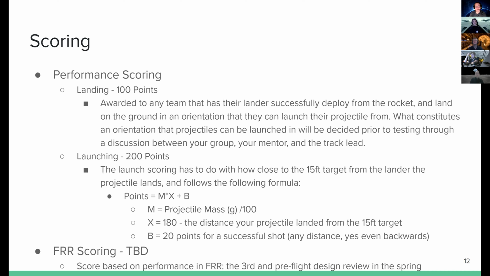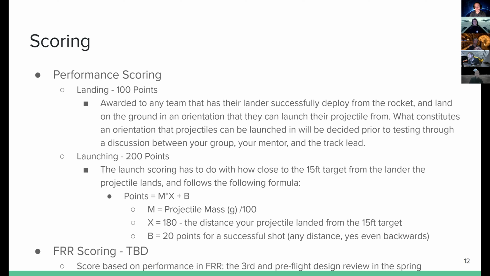And then the last 200 points is for the actual launching score. So there's a formula here. Points equals mx plus b. And it is based on how close to the 15-foot target the projectile lands. So the m is the projectile mass in grams divided by 100.